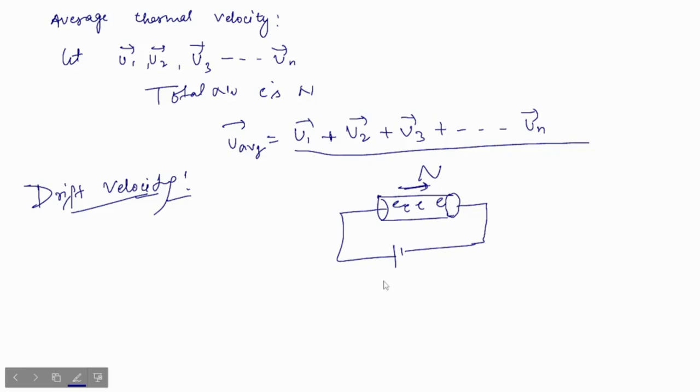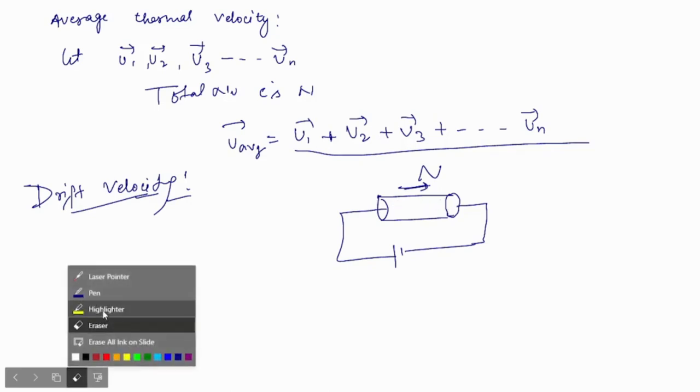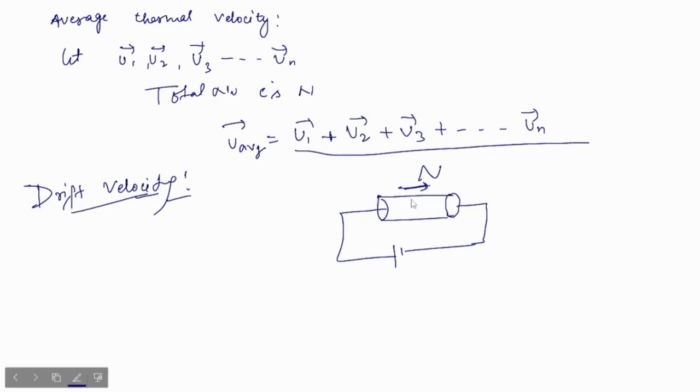Now, these are the free electrons, so they will experience a force. The direction of the electric field is in this direction. Let me first draw the electrons. They are moving randomly, right?